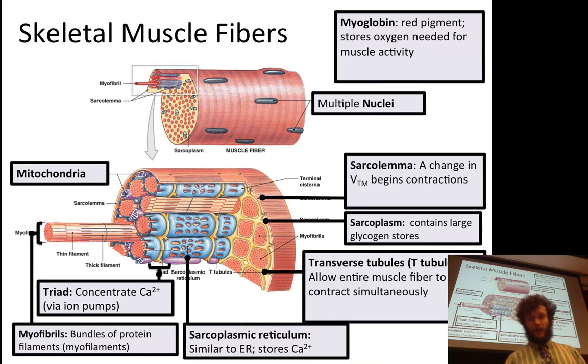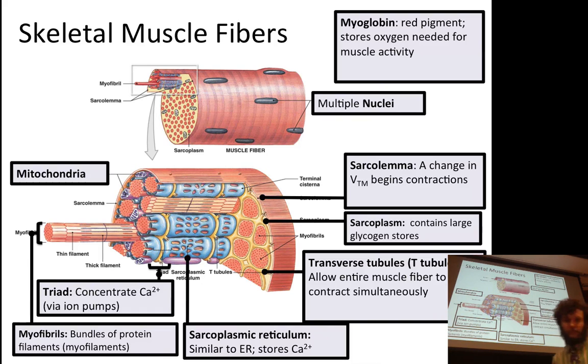All right. There are these transverse tubules, which I mentioned in class yesterday. The transverse tubules are basically just tunnels that push in from the surface of the cell. So the inside of a transverse tubule is the same surface as the outside of the cell. It's just a little hollow that goes into the cell.